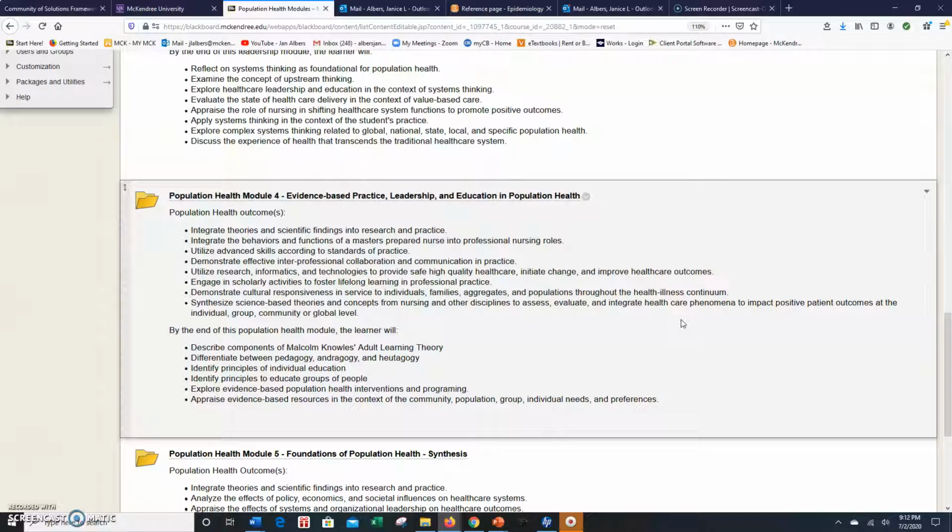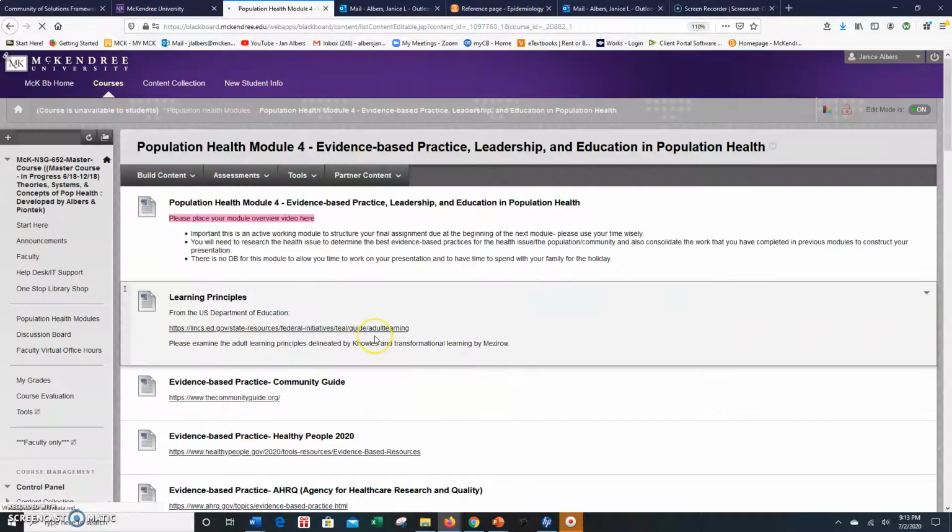The community health assessment, getting the insight from the stakeholder or the person who prepared as a part of the preparation process for the health assessment, and then going into systems thinking and looking at his or her organization, his or her locus of control, and then how is the student going to educate those folks, engage those folks in population health practice, and also integrate evidence-based practice as the final synthesis piece.